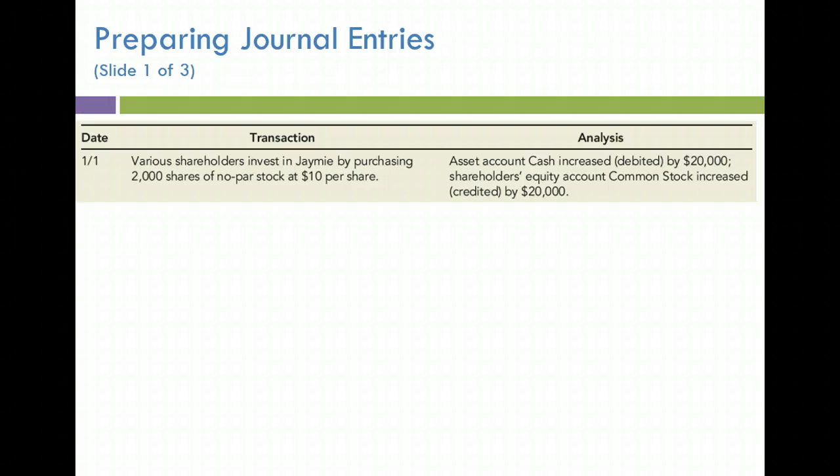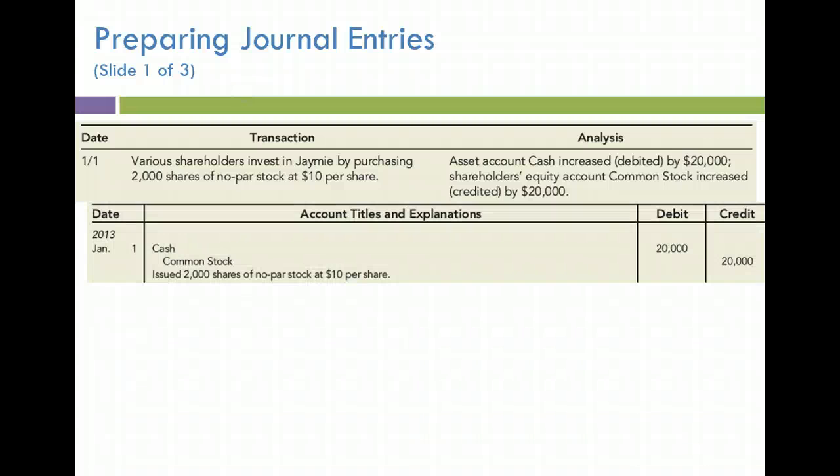Okay, so that's the transaction. What happened? People gave Jamie money in exchange for stock certificates, right? So when we think about it, receiving that money increased the cash, which ultimately increased the assets, 20,000. And the common stock also, because it was issued, was increased 20,000.